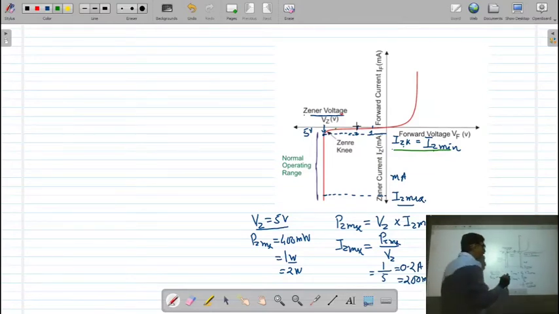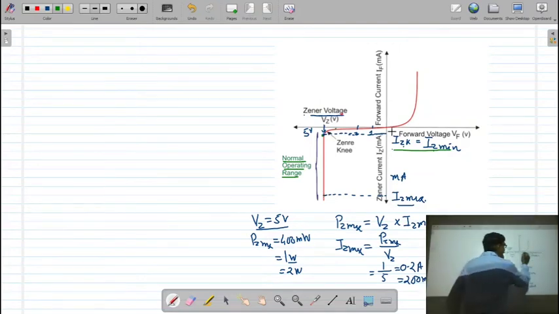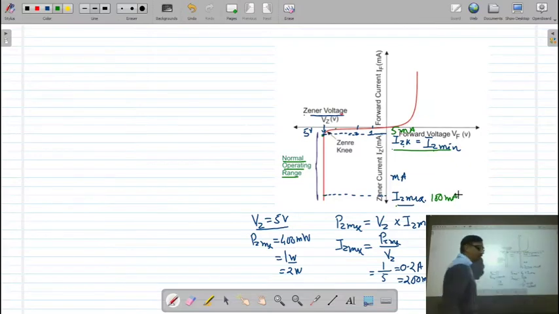So when we use the Zener diode, our normal operating region should be between IZ minimum and IZ maximum. A minimum current has to be passed. Let us say this minimum current is 5 milliampere and the maximum current is 100 milliampere. Then the current in the Zener should not be less than 5 milliampere or greater than 100 milliampere. This is very important when we design the regulator circuit.